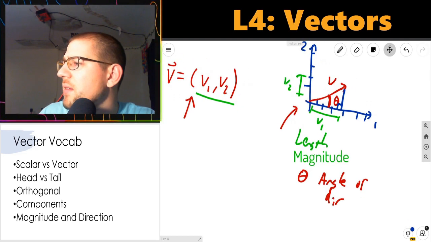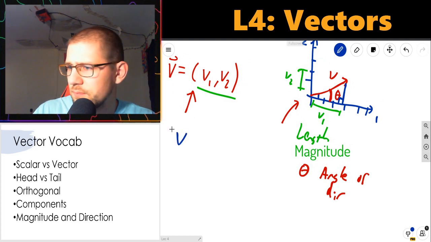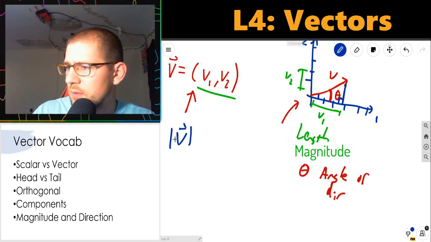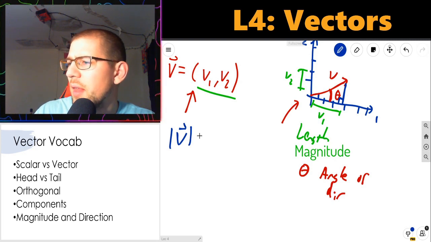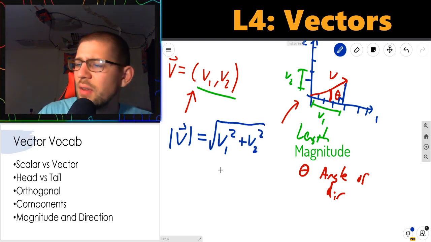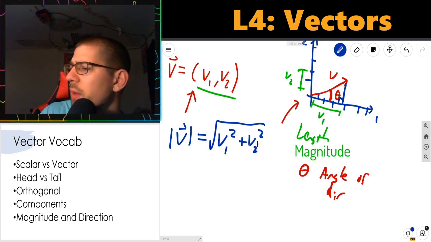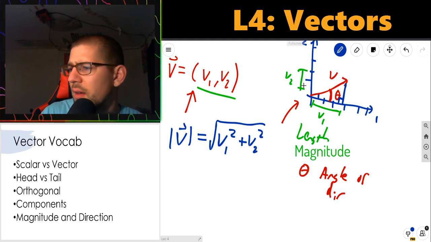The magnitude, written with these vertical bars, is the length of the vector: the square root of the sum of the squared components. So for a two-dimensional vector, I square the elements, add them together, and then take the square root. That tells me the length of the vector.